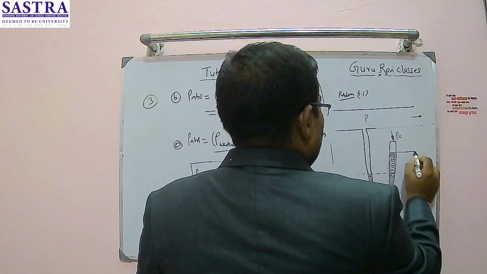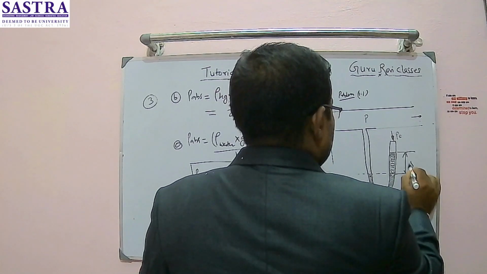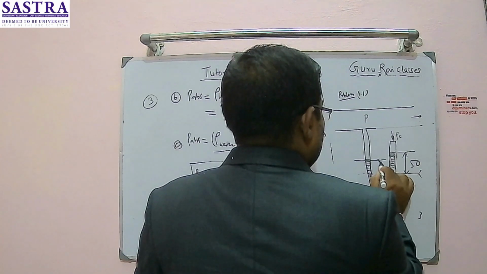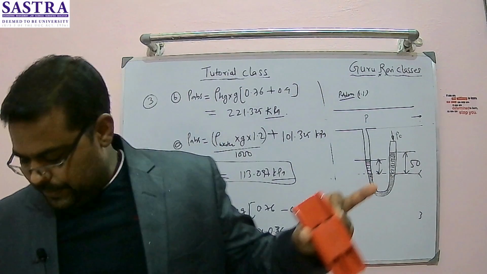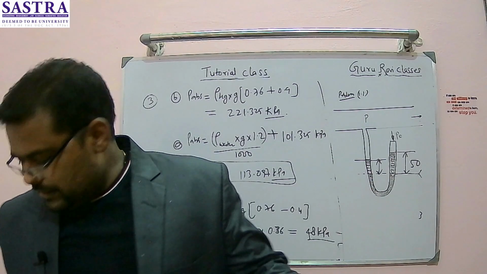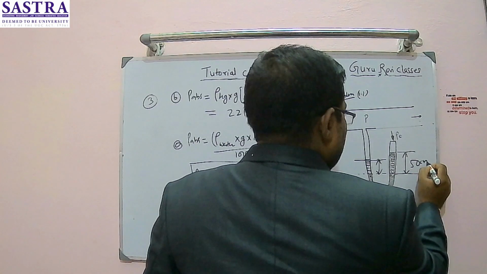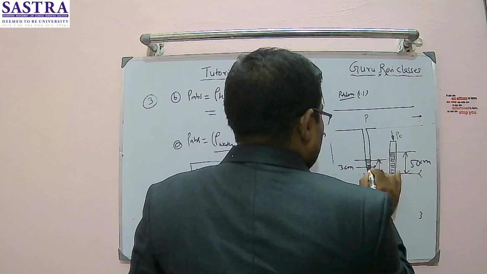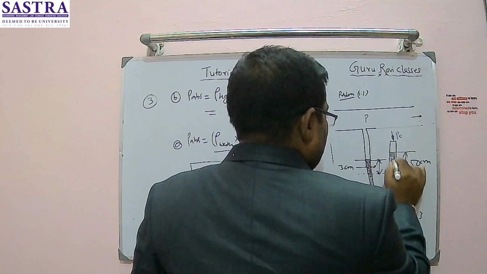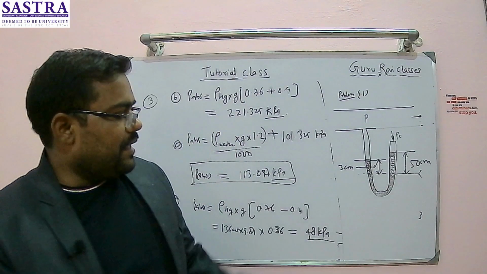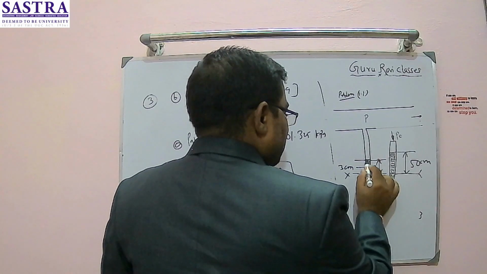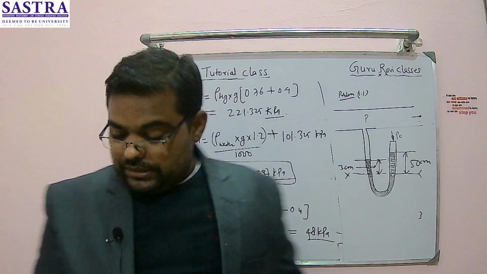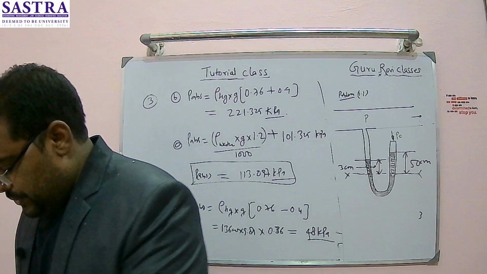So now this became 50, and here also something is filled, right? So this is 50 centimeter, and this is 3 centimeter, and this is a different fluid, and here this is a different fluid. Keep in mind, up to this difference line, this fluid is different, and this manometric fluid is different. So I will mention what those different fluids are.